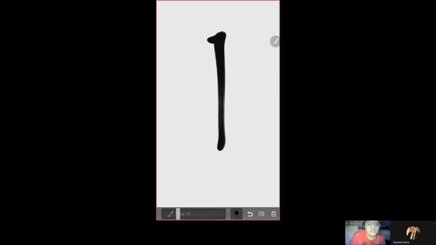Next stroke, the pie or the downward left stroke. To write the downward left stroke, again, from the top right going to the left. Again, top right going to the left. Put pressure, then as you go down, you lessen the pressure.